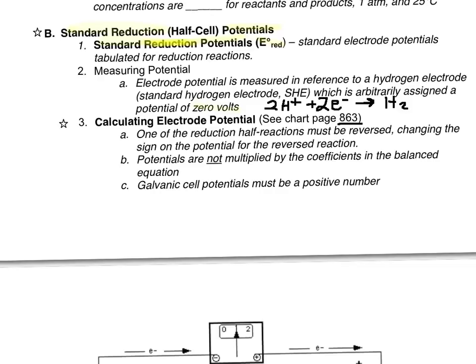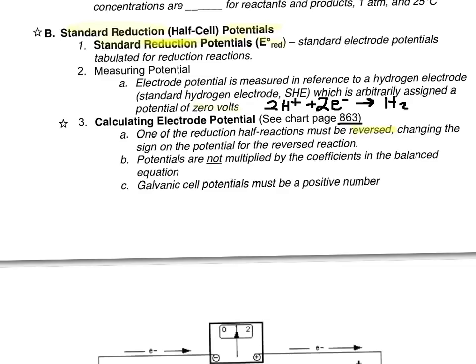But since your voltaic cell is made up of two half reactions, they can't both be reduction. One of them has to be reduction, and one of them has to be oxidation. That means that you're going to have to reverse one of these in order to make it an oxidation reaction, while keeping the other half reaction a reduction half reaction.